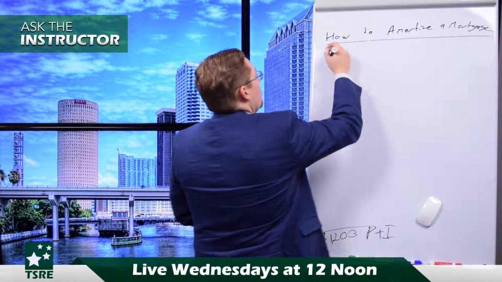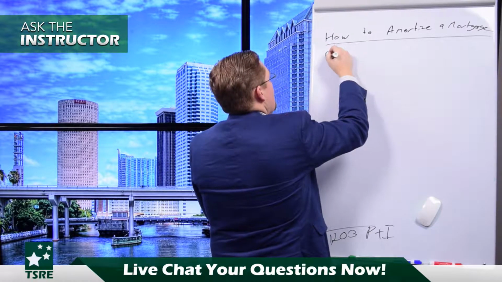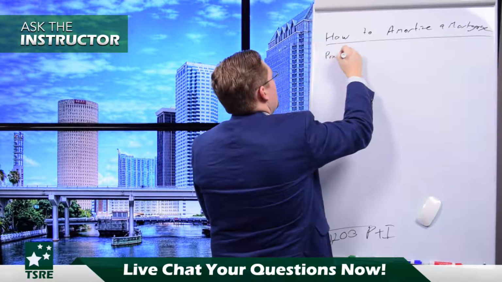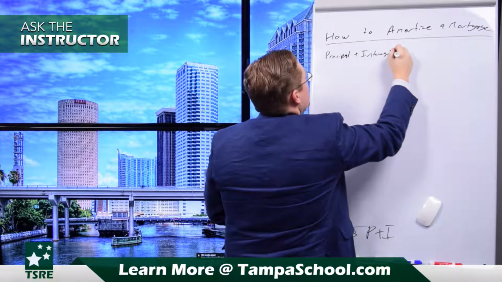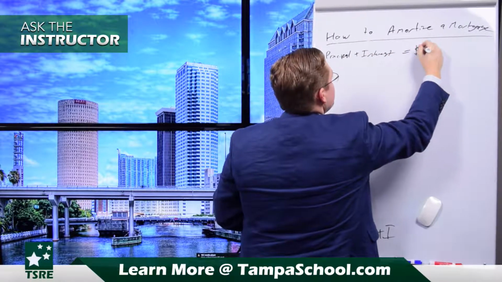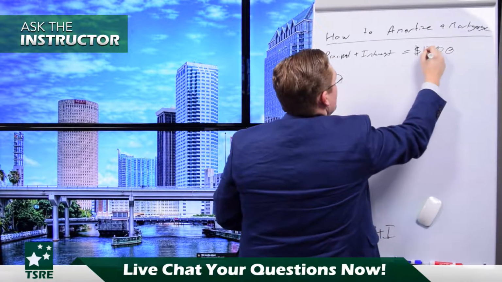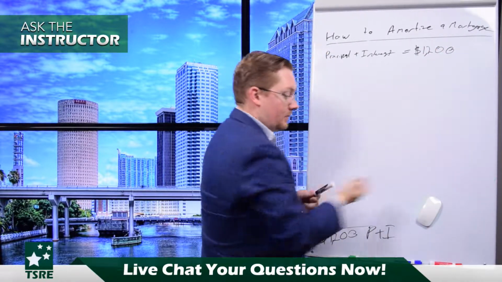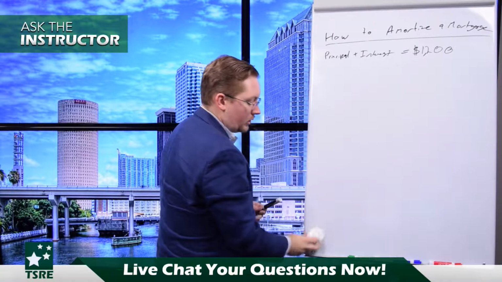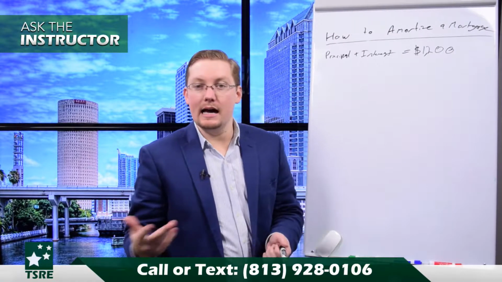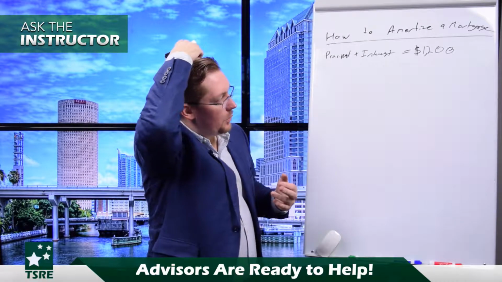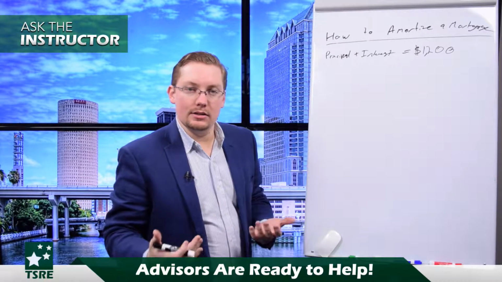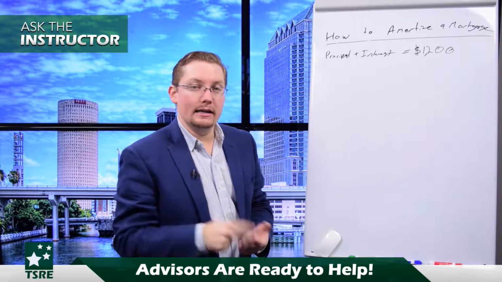So our principal and interest portion of our payment is $1,200. That's information that's going to be given to you, in whole or in part, if you have to break it down like we just did, in your question. So you've got your payment amount of $1,200. And now what you need to do is pull out two other items.